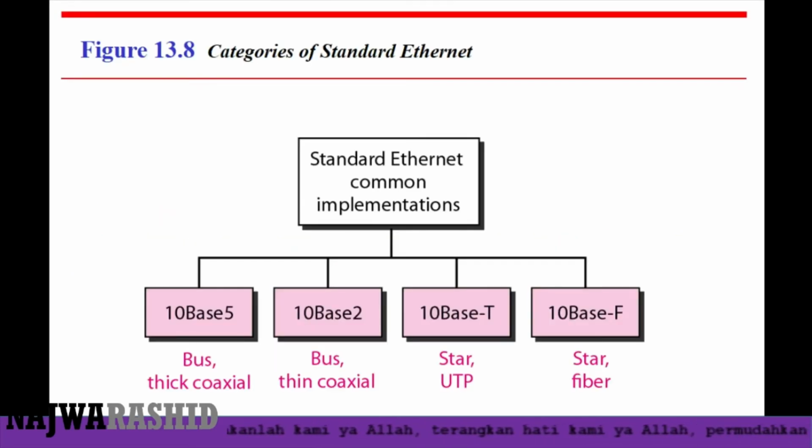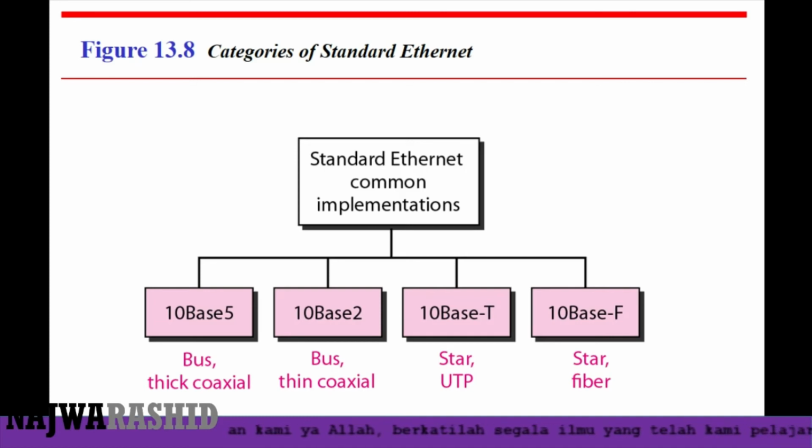Okay, the next one, we go for the standard Ethernet, also known as the traditional Ethernet. The implementations of the standard Ethernet are 10Base5, 10Base2, 10BaseT, and 10BaseF. 10Base5 uses the bus topology, and the type of media is thick coaxial cable. 10Base2 uses the bus topology, and the type of cable is thin coaxial cable. 10BaseT uses star topology with unshielded twisted pair cable.